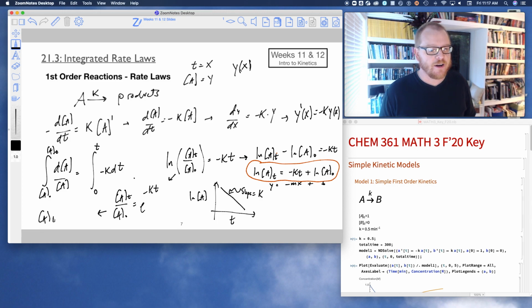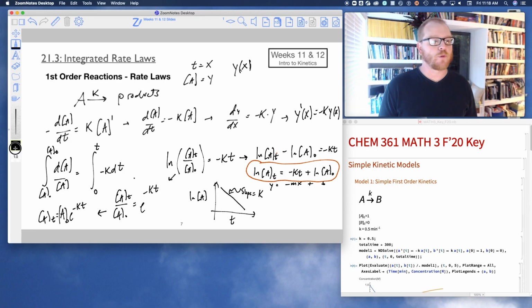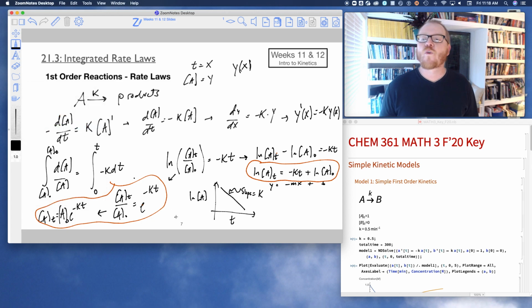There's another way I can also rearrange this, like the following: A_t equals A0 e to the negative kt. Okay, so both of those are acceptable. And what I really like about this one with the A_t over A0, those become relative concentration units.